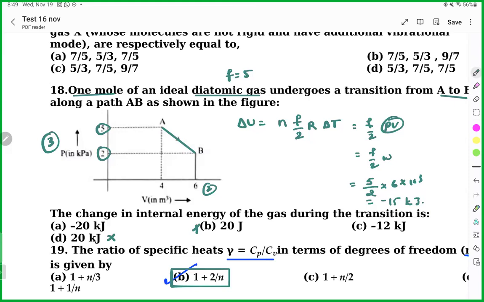And if this is the situation, delta U is equal to nRT. Any mistake I did?